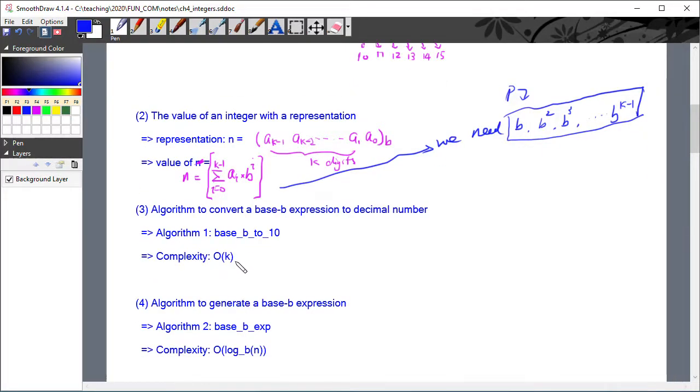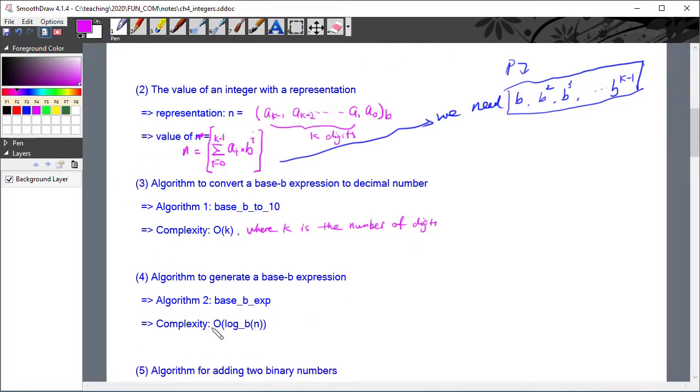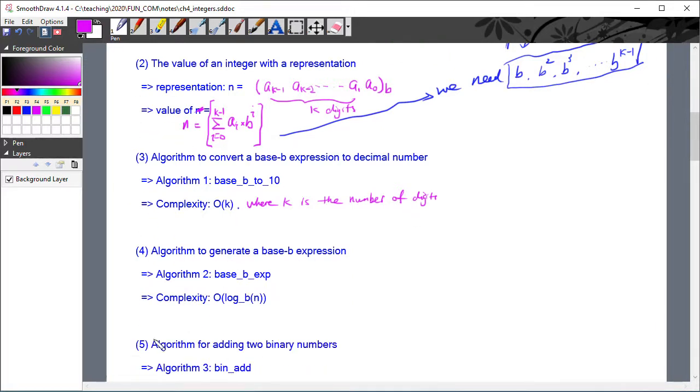Suppose k is the number of digits in the base b expression. Anyway, that is the first algorithm.